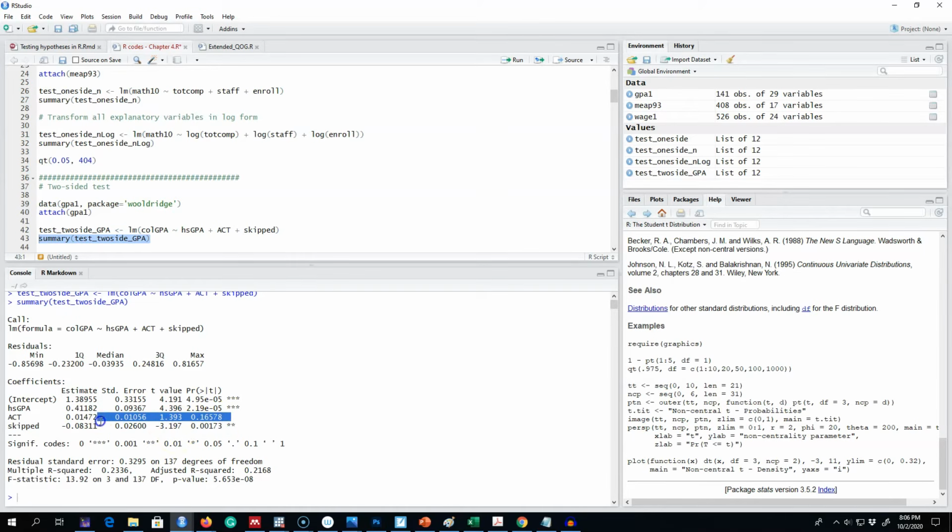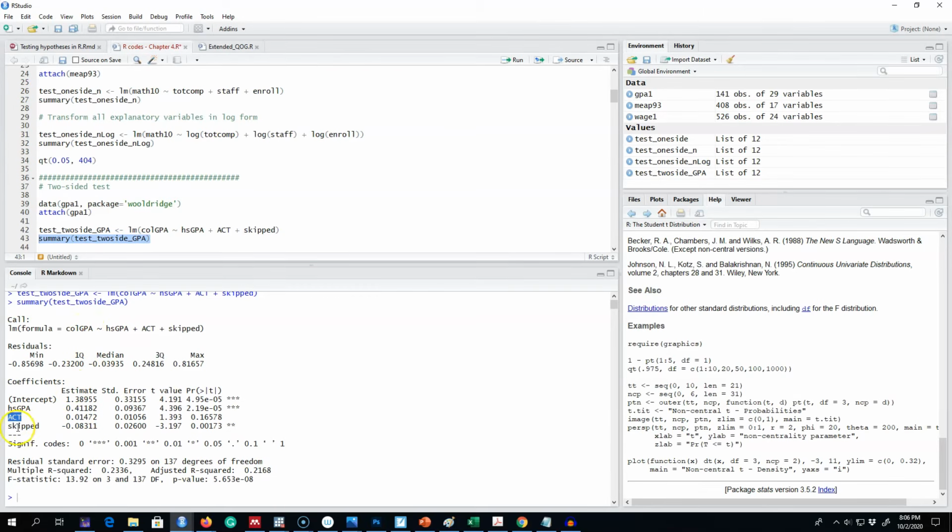On the other hand, we will reject the null hypothesis that the coefficient of ACT is 0 at about 17%. Normally we use alpha in between 1 and 10%. According to these results, ACT has no statistically significant impact on somebody's college GPA.